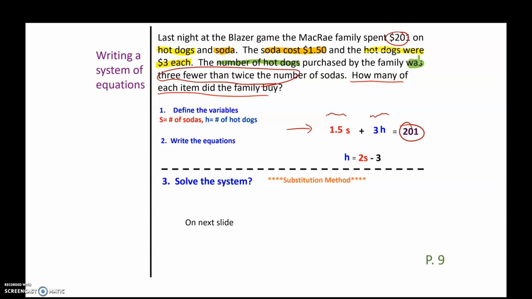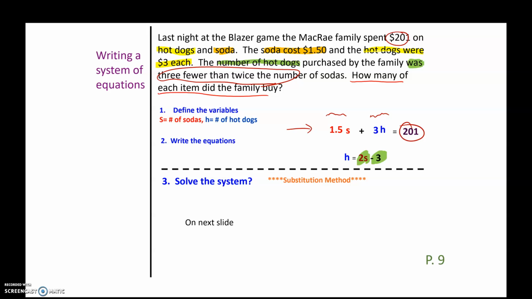That's like an equal sign. So it's 3 fewer than twice the number of sodas. So down here, we had to do twice the number of sodas. And we're going to do 3 less than it. So this is 3 less than twice the number of sodas.